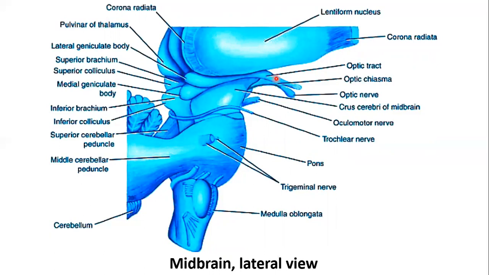So our superior colliculus is concerned with visual reflexes, and from here you remember L, lateral geniculate body, L is for light. So light means visual reflexes.